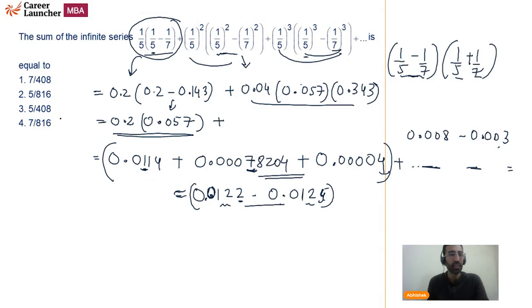So let's check which of the options work for us. The highest option here is 7/408, right? Lowest denominator, highest value. So 7/408, option 1, comes out to be 0.0171.